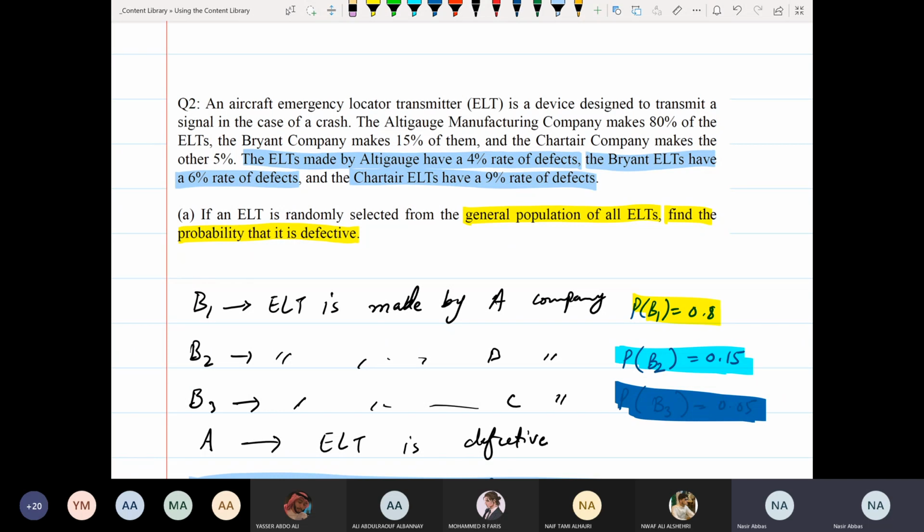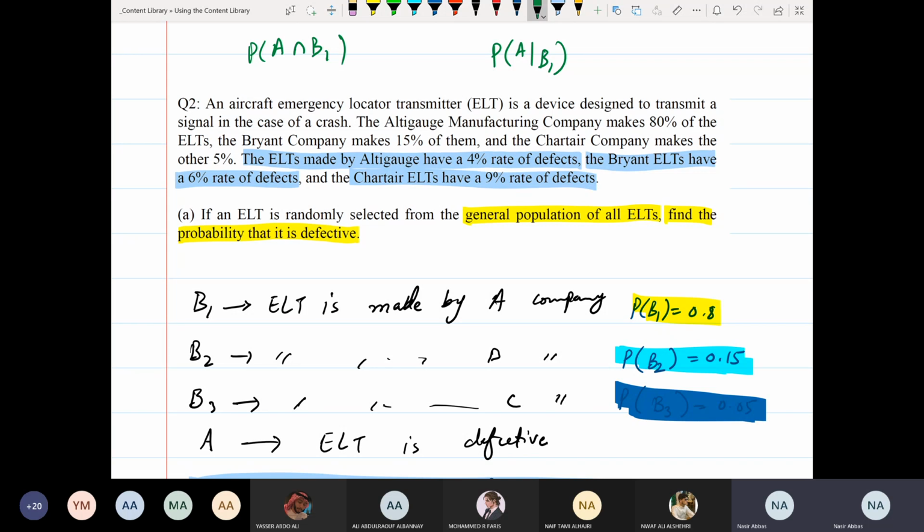Now, does this sound like probability of defective intersection B1, or probability of defective given B1? When you're talking about 4%, does it sound like the intersection probability or the conditional probability?